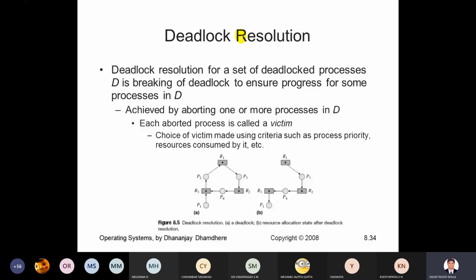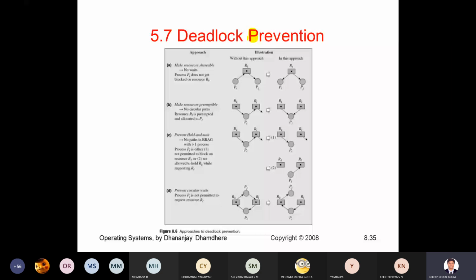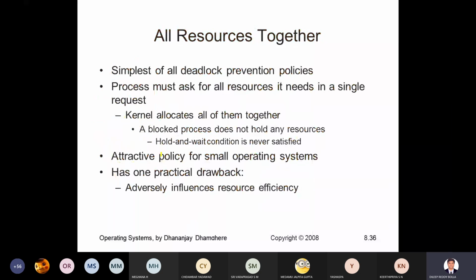Let us say D for detection, R for resolution, P for prevention, and now we are looking at avoidance. So we have seen detection, resolution, prevention, and now deadlock avoidance.